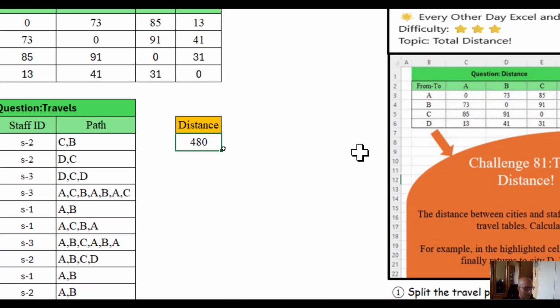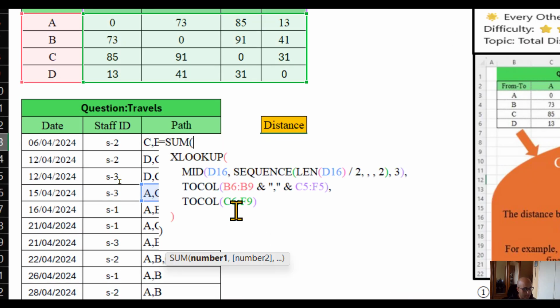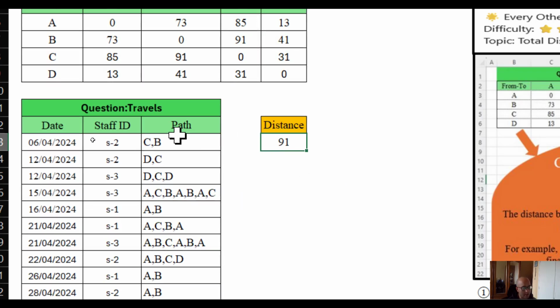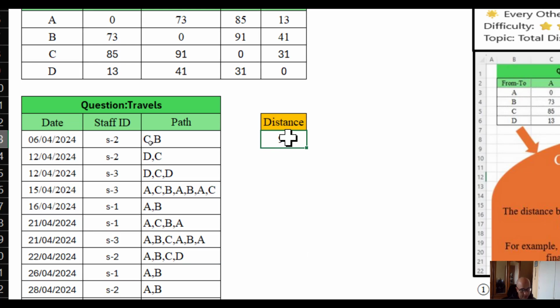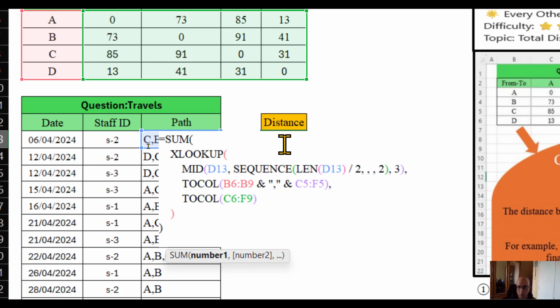Okay, so here the distance is for the fourth path. I will just change it to D13, then D13 here, and I have the distance from C to B. And because I will copy this formula down, I need to make these ranges absolute.